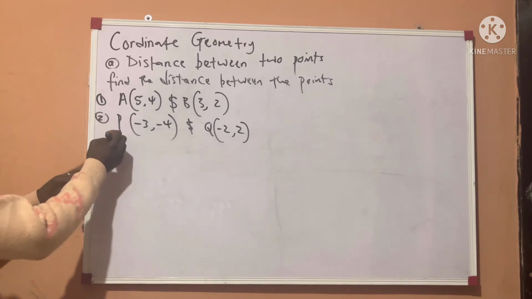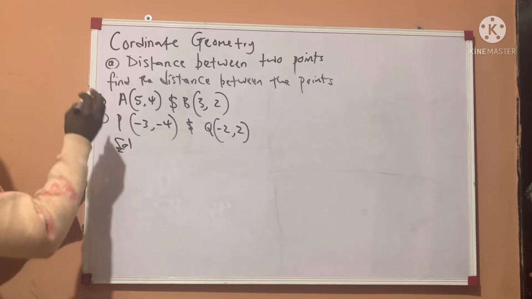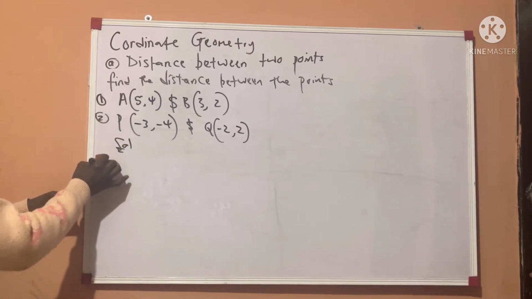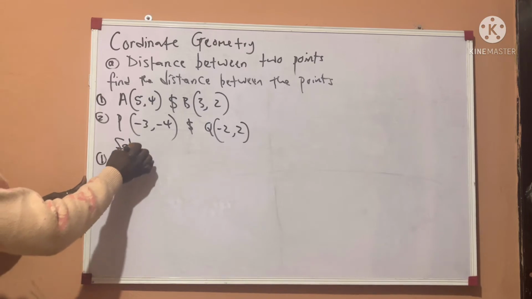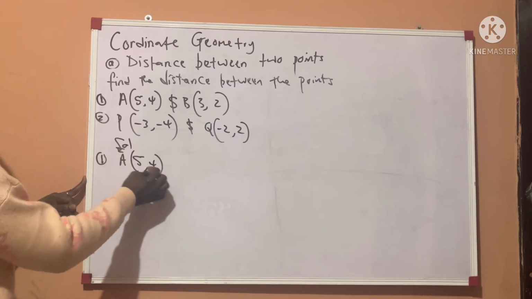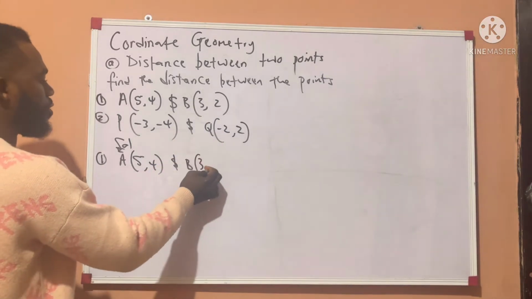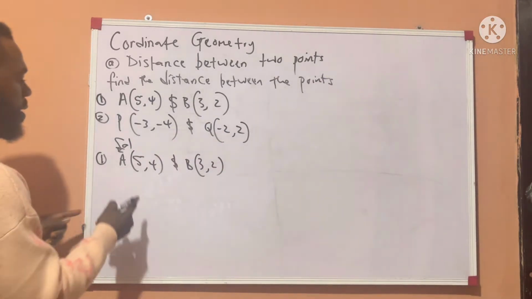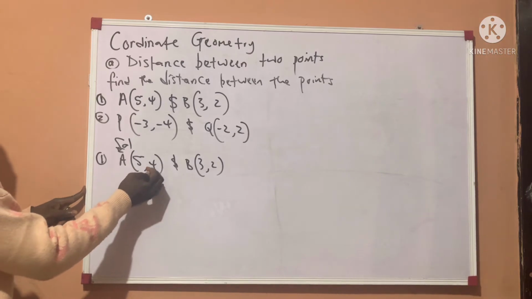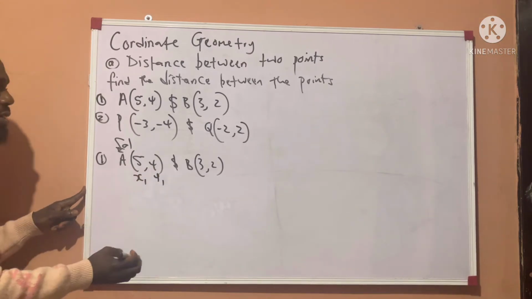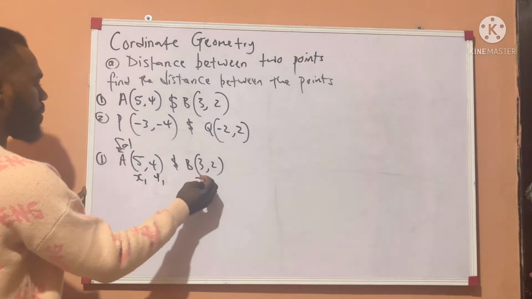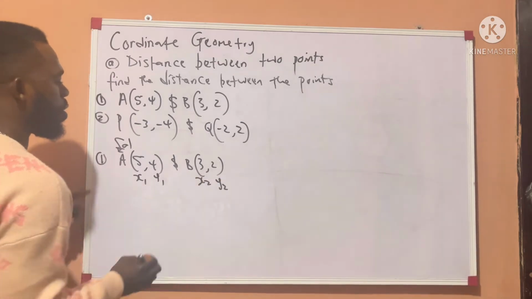Solution. Number 1 says point A is 5, 4, and point B is 3, 2. Now let's label. 5 becomes x1 and 4 becomes y1, and here 3 becomes x2 and 2 becomes y2.